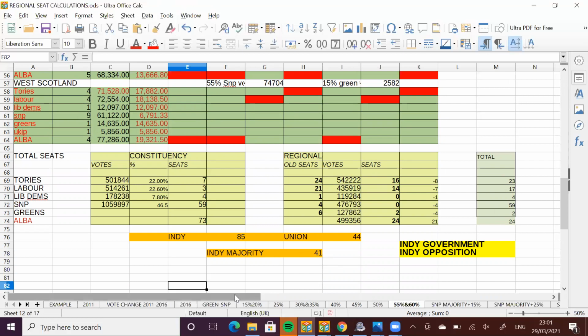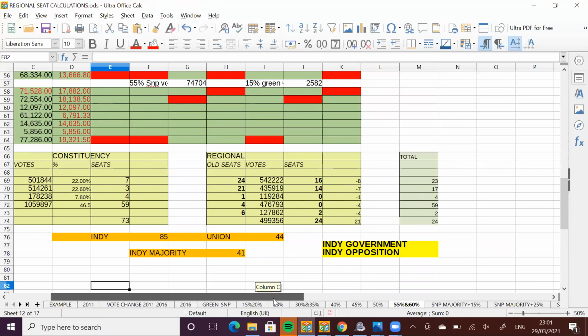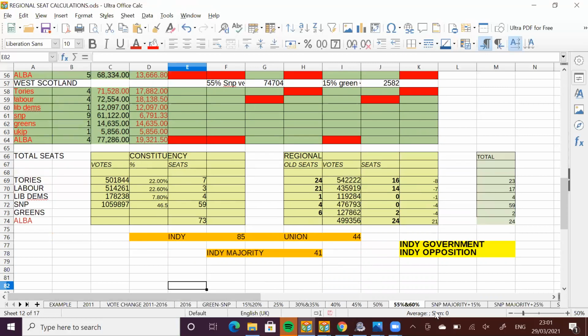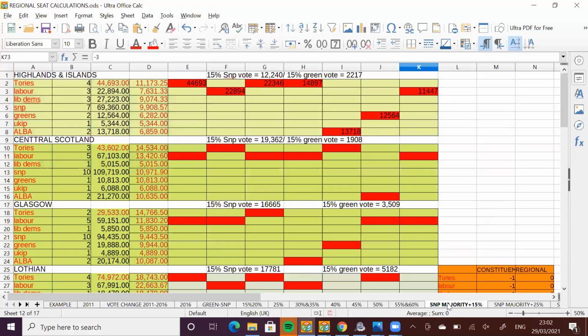So the next calculations I did was based on the SNP winning an extra 6 seats on the constituency in May, which some polls have shown, and that would give them the majority on the constituency vote alone.